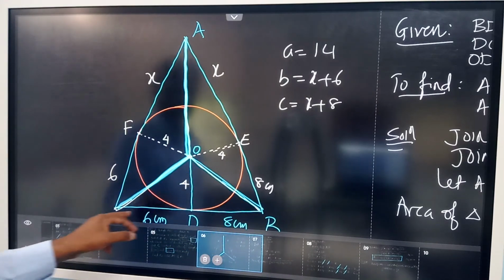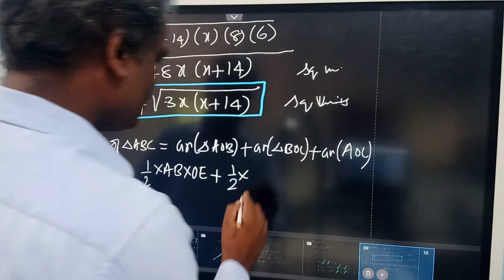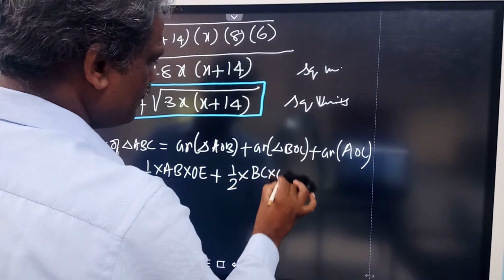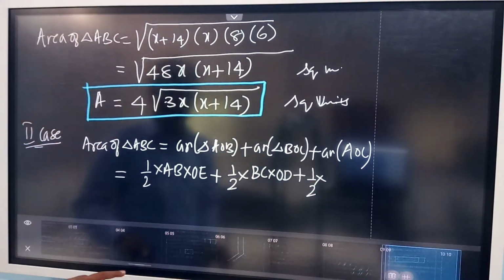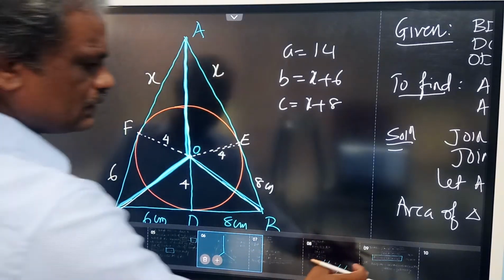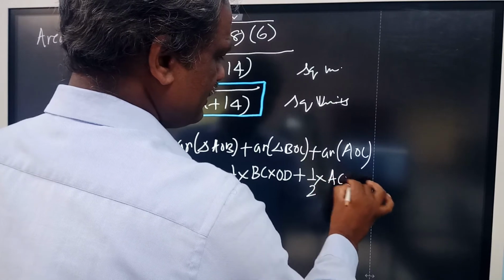BOC is this one, half into BC into OD. Then again half into AOC, area of AOC, AC into OF. So that you can write here AC into OF.